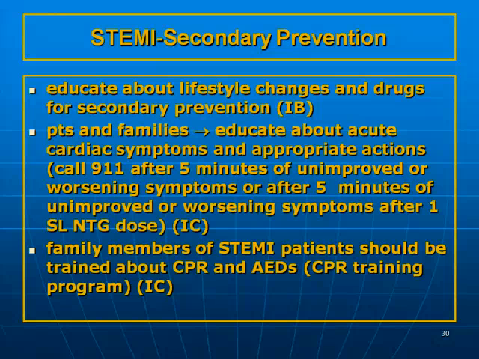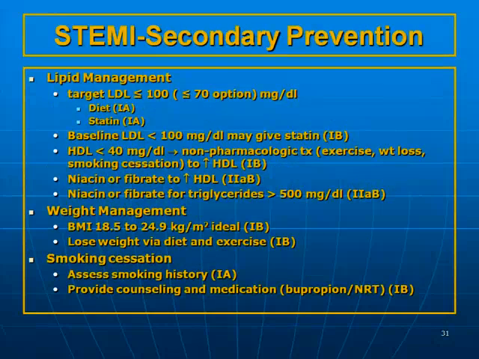Family members should be trained in CPR. They should know how to use automatic electrical defibrillators. And so these are all things designed to make sure that patients that have another infarct survive that second infarct.